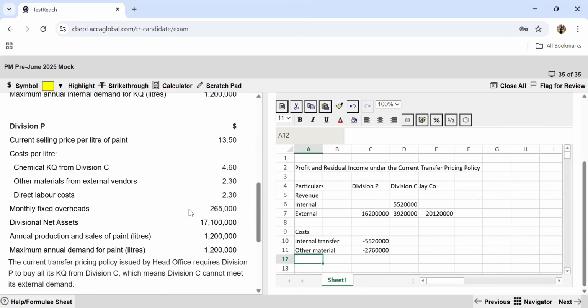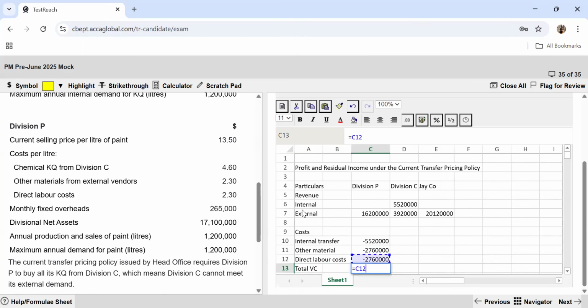Then the next thing that they have to pay is for the direct labor cost. So the direct labor cost also is $2.30. So we can copy paste the same number. This is exactly what my direct labor cost also is. Now, if we do the sum till here, we are going to be able to find out the total of the variable cost.